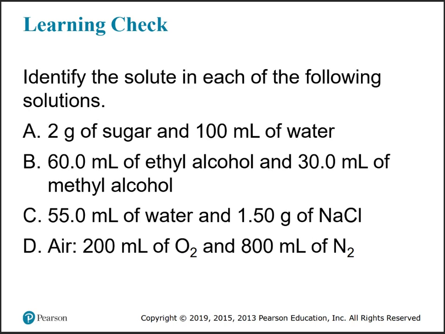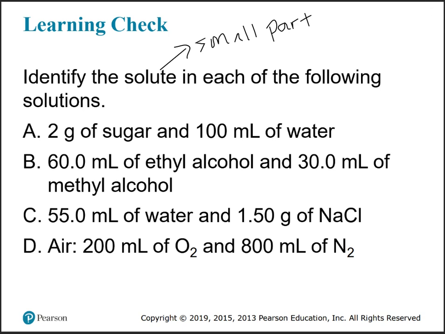So a quick learning check. Here we need to identify the solute in each of the following solutions. And remember, the solute is the small part added to whatever your solvent is. So for A, 2 grams of sugar and 100 milliliters of water. Which one is the solute? The sugar or water?